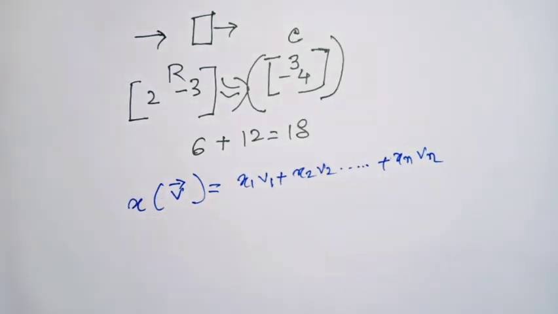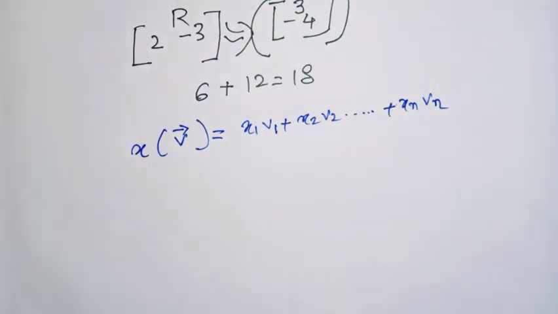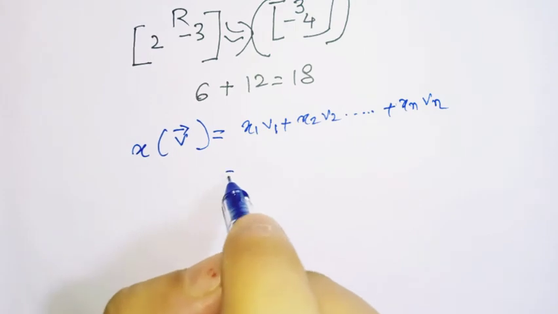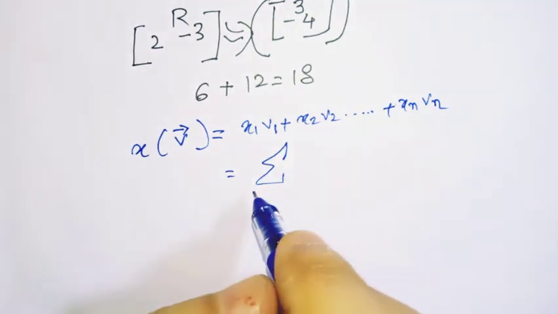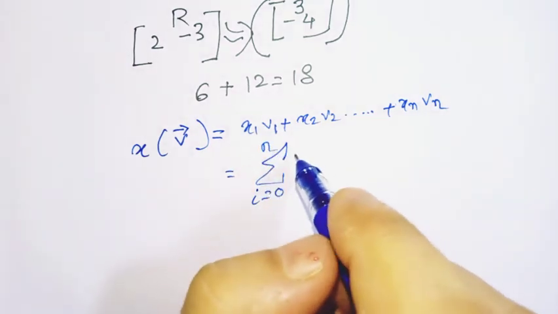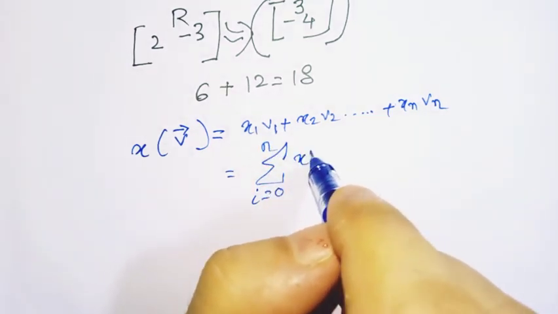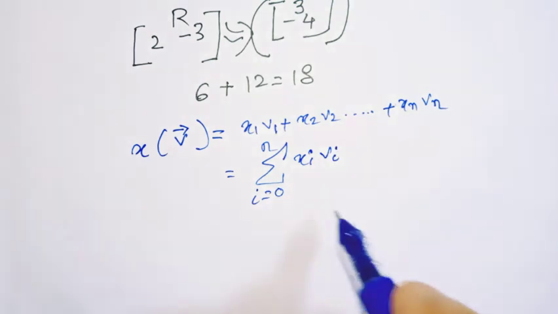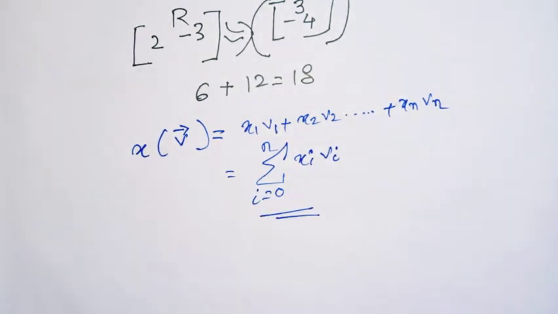This can be neatly written with sigma: the sum over i equals 0 to n of xi vi. This is a more compact notation.